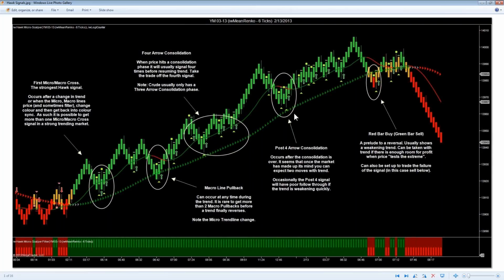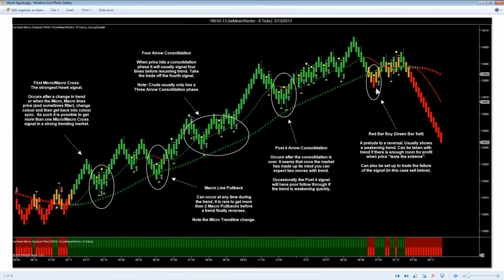The post-consolidation pattern, in this case, also happened to be a macro pullback. The macro pullback is easy to identify because everything stays in sync except the micro line. That thin line goes out of sync. But the bar colors, the macro line, and the filter all stay in sync, and the signal, of course.